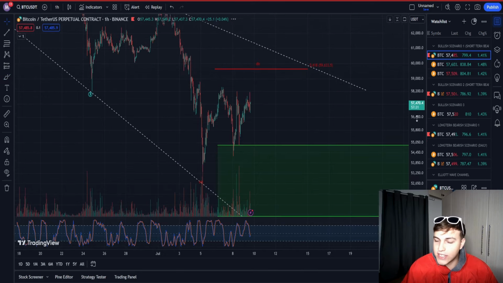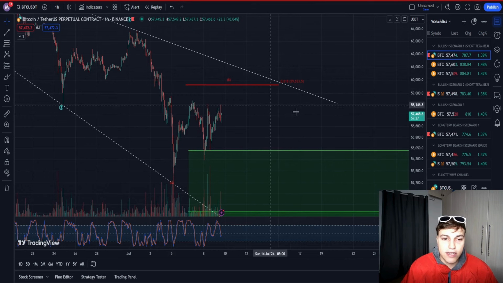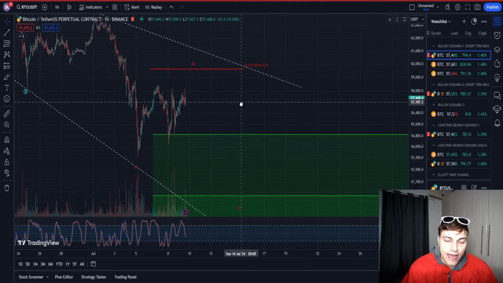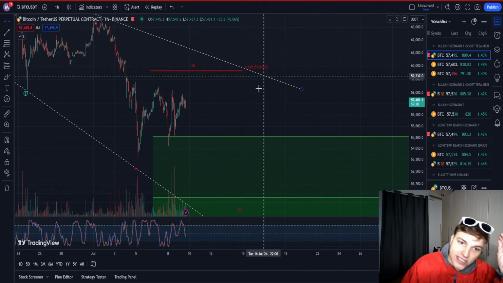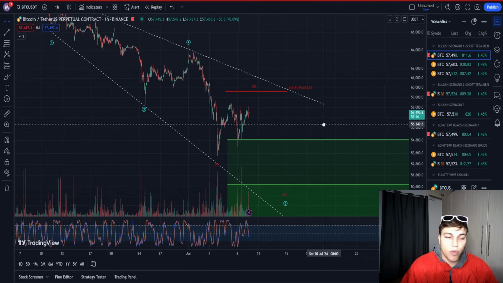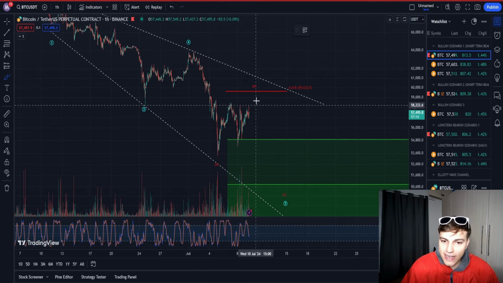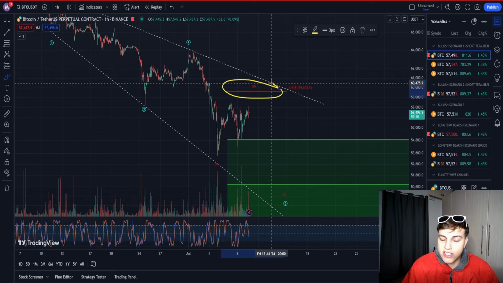Now, if this is your other main scenario, they have very similar targets. So if price does extend to this $59,600 level, this becomes the main scenario. So once price does hit that level, you would be looking at a short from off this 0.618.